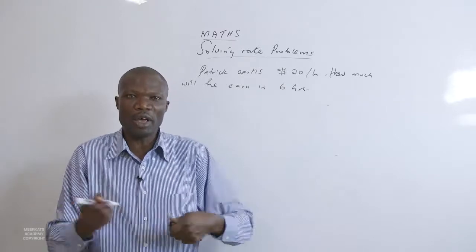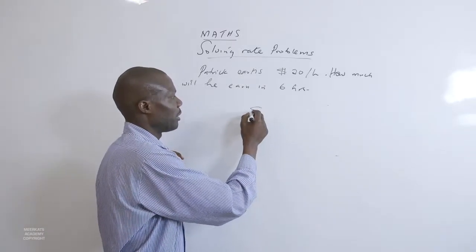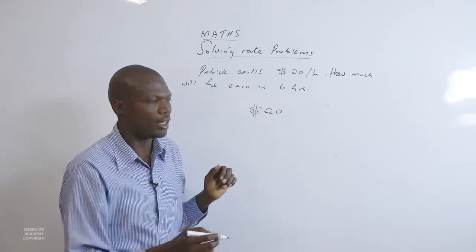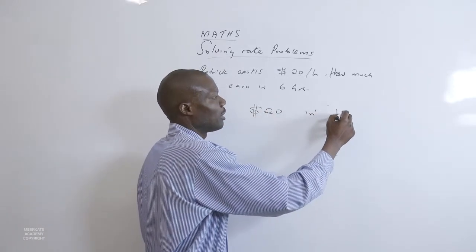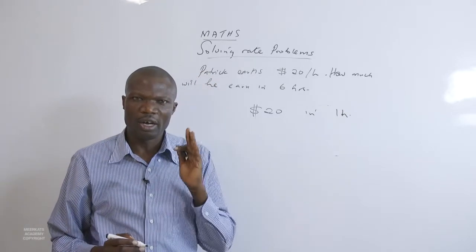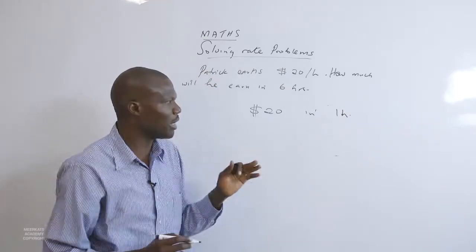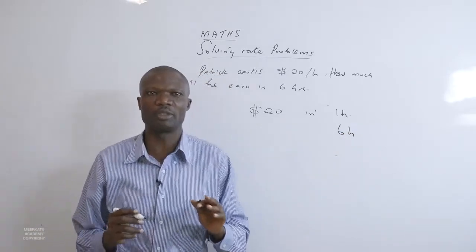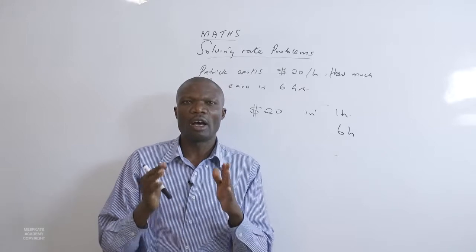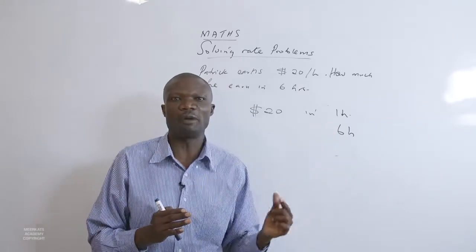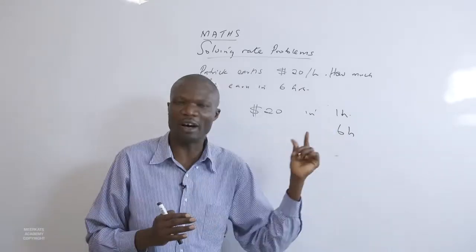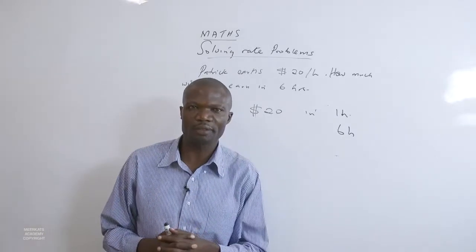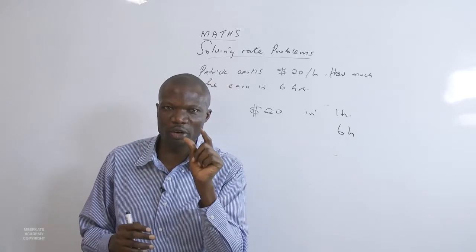Right from per hour, where we would be saying $20 in 1 hour, how will it be if we are talking of 6 hours? The question comes here: how many times has this 1 hour been multiplied by to give us 6? That is the rate we are looking for.